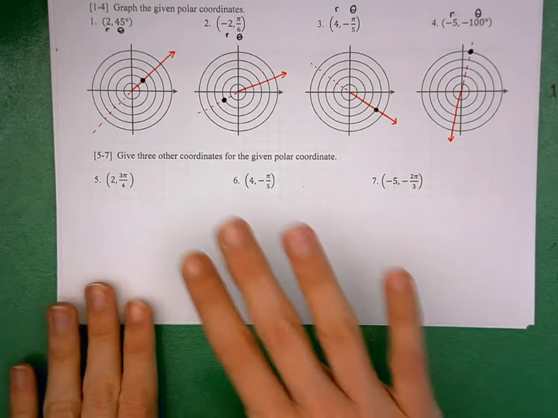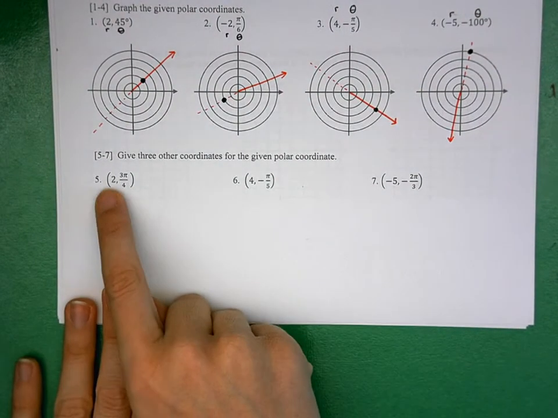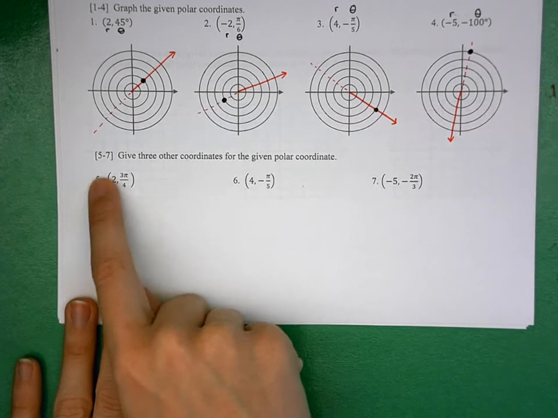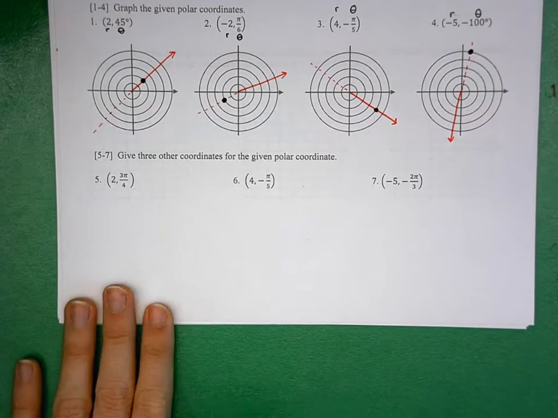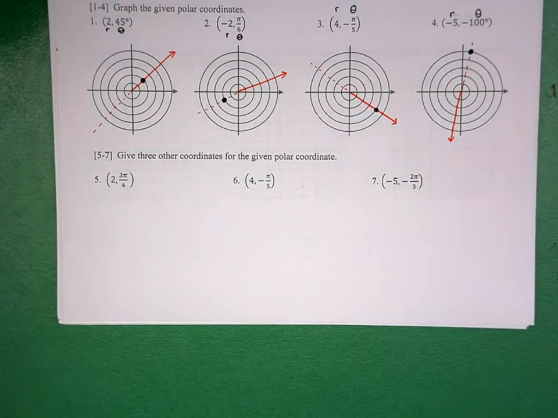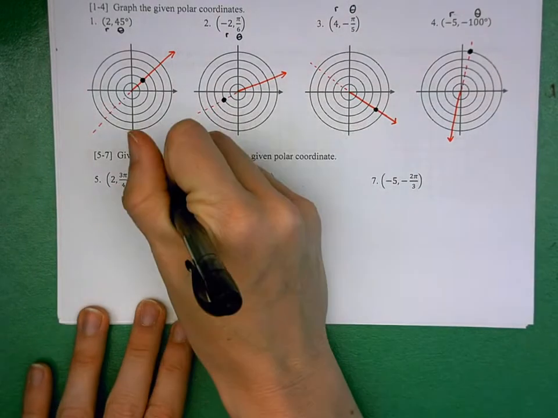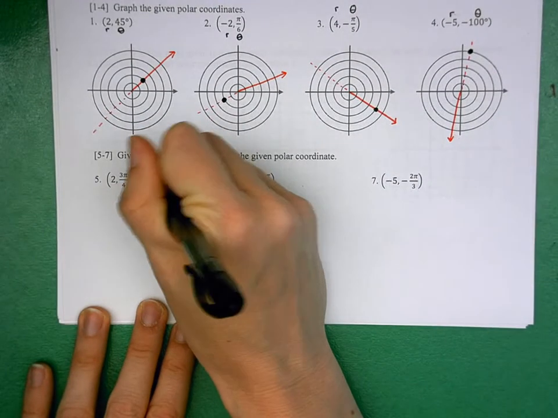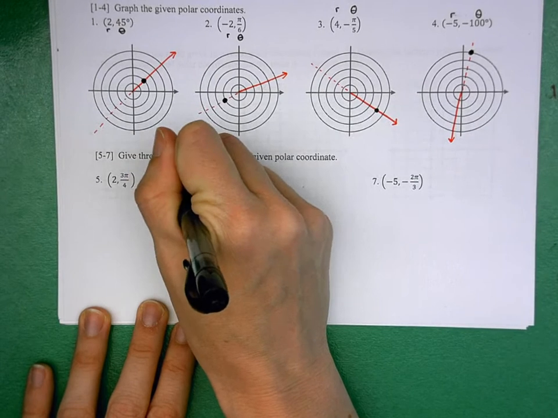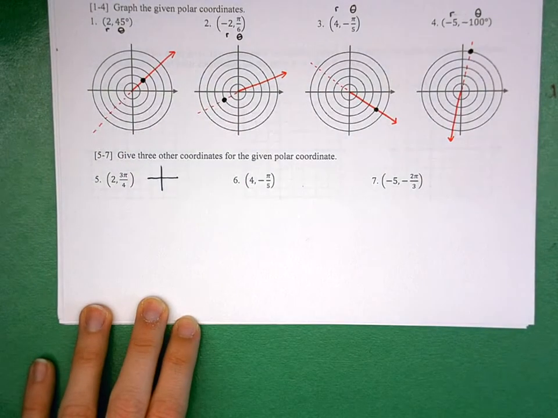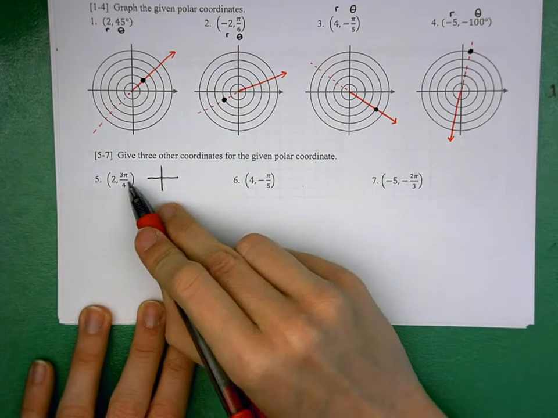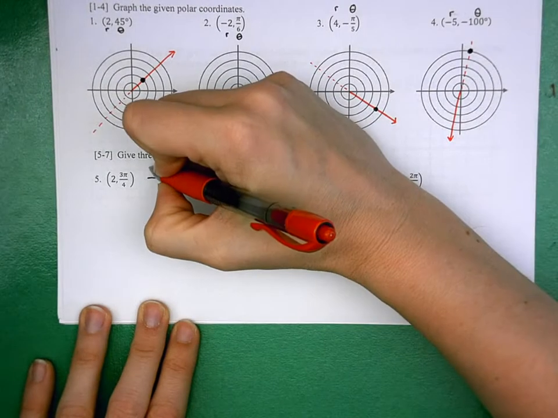And picture for a second, if you can, because it's a good thing to practice, where would 2, 3 pi over 4 even sit? Because it's going to help you check your other coordinate points here. And maybe you even want to sketch it real quick, just a little sketch off to the side. Okay? Remember, 3 pi over 4 is your theta. So 3 pi over 4 is in the second quadrant.